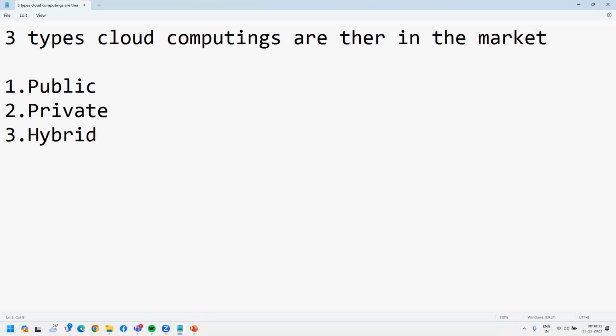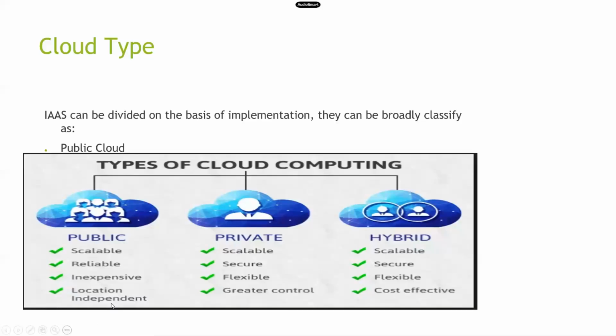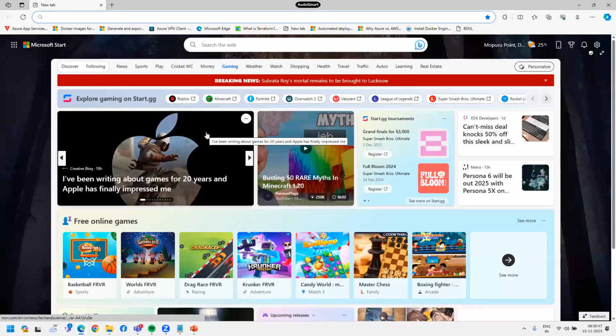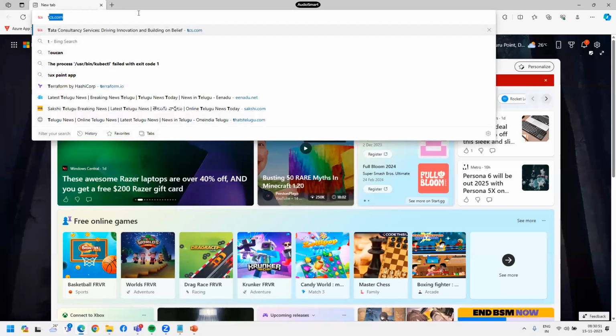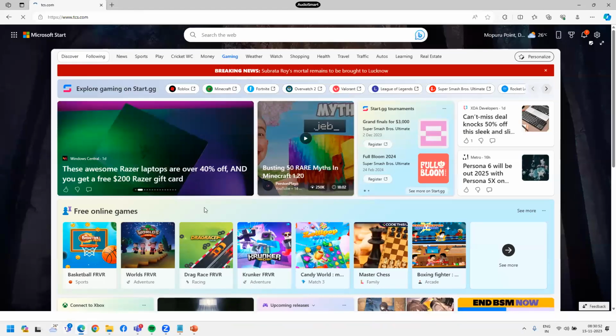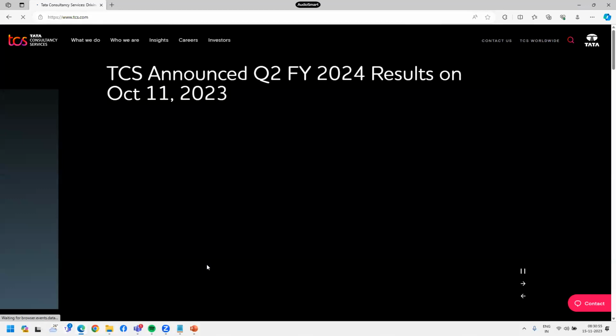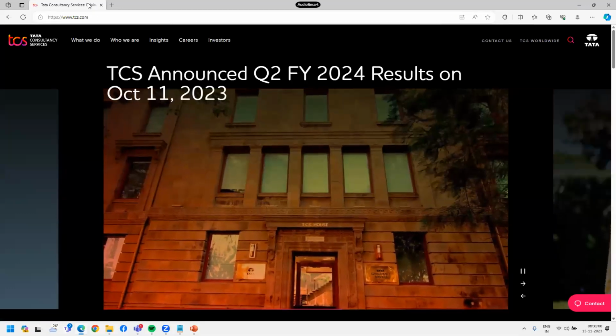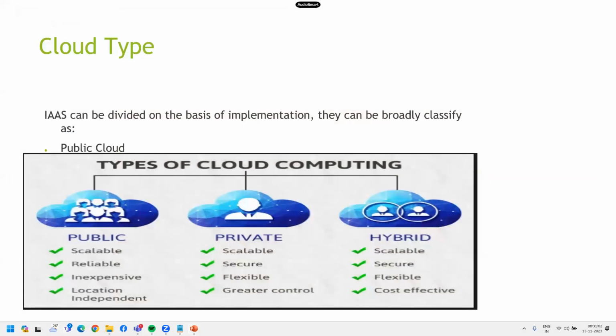What is public? The resources which can be accessible from anywhere in the world are called public. I am repeating, the resources which can be accessible from anywhere in the world are called public. For example, TCS.com. Is this a public site or a private site? Yes, it's public. Anyone can access it. Clear?